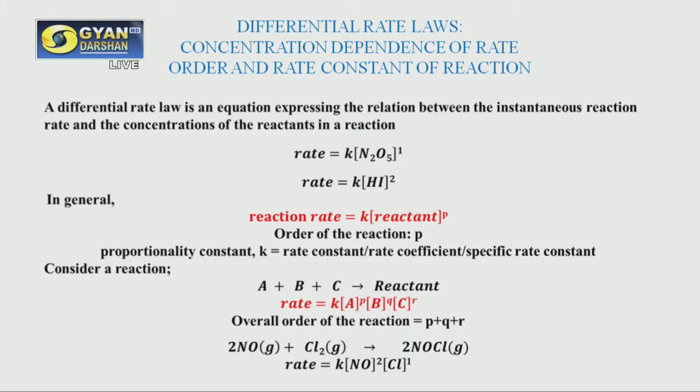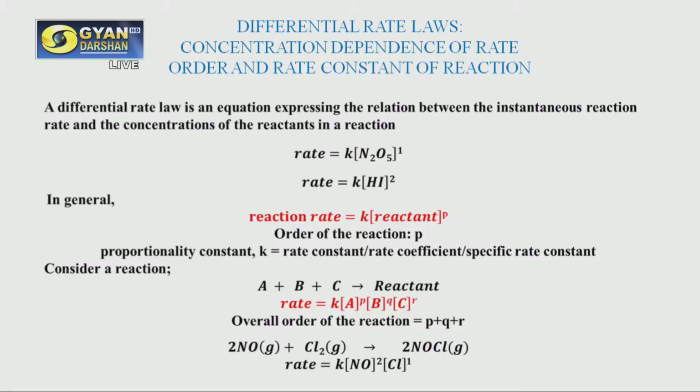After that we will discuss the differential rate law, concentration dependent rate, and the order of the reaction. Looking at the previous examples, nitrogen pentoxide gives nitrogen dioxide plus oxygen gas.